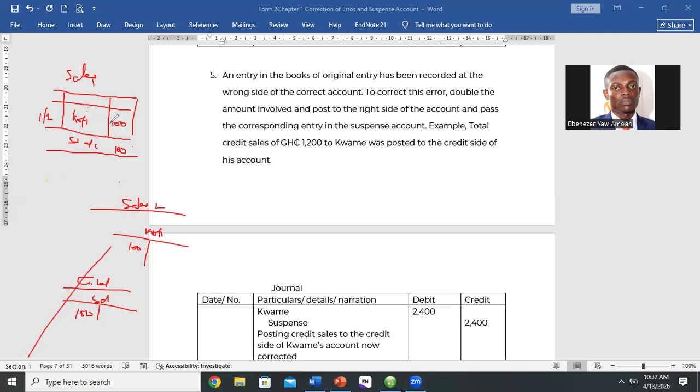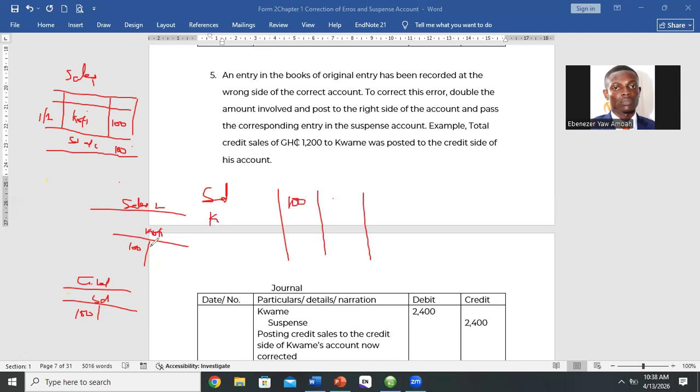Now, if you were to draw a trial balance, this is what is going to happen. I don't know how you drew your trial balance, but you have sales. How much is in your sales account because of your wrong entry? You have sales at the debit of 100, because of that error. And then you have Kofi.